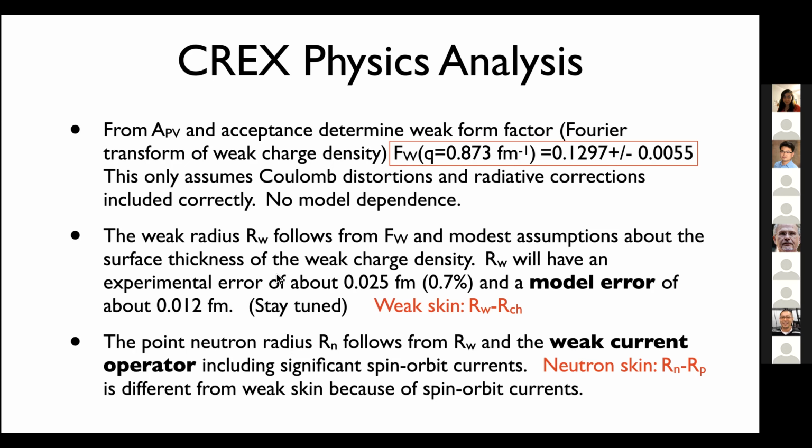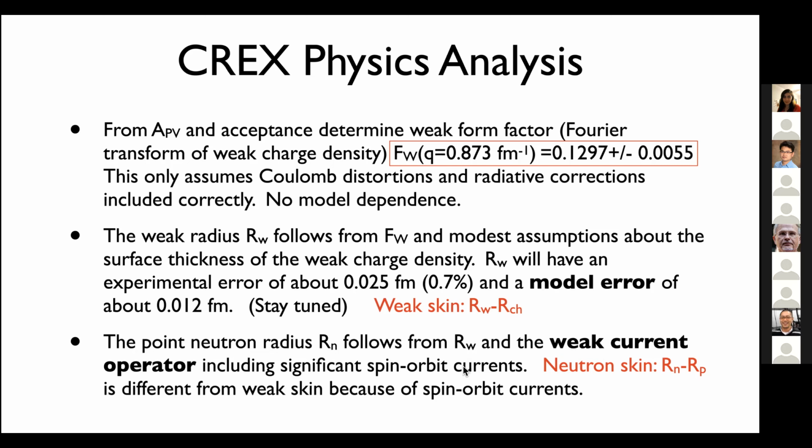Okay, and let me just emphasize what we call the weak skin is the weak radius minus the charge radius. And finally, the point neutron radius follows from the weak radius if you also make assumptions about the weak current operator. And that weak current operator actually includes significant spin orbit currents.